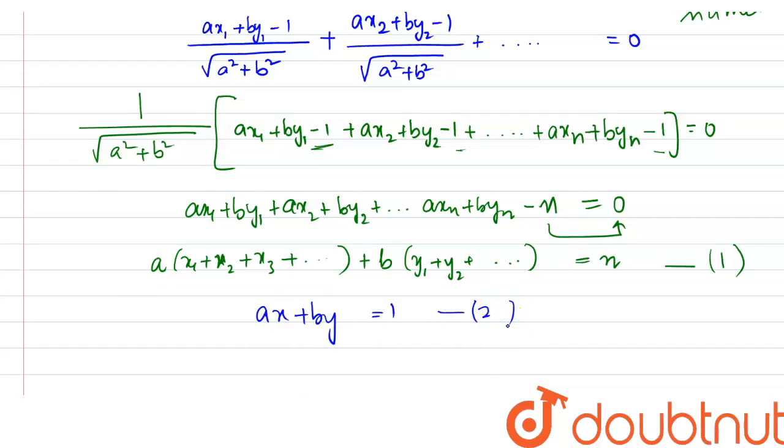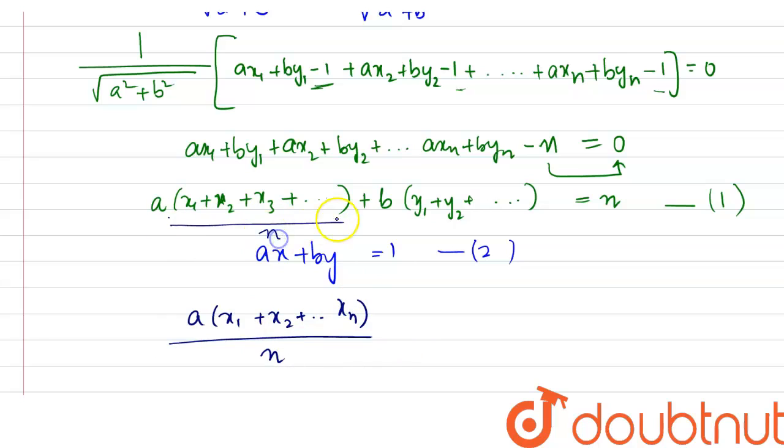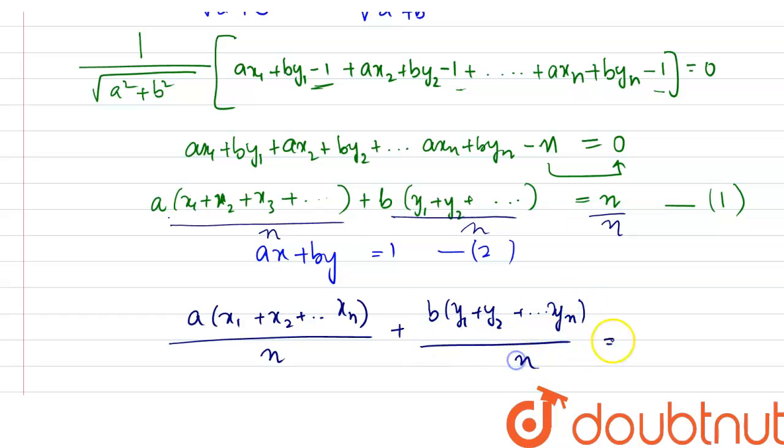Now, using this comparison, what can we say if we divide these terms? If we divide the whole equation by n, what do we get? Here this is nothing but a into (x1 plus x2 plus so on xn) divided by n, plus b into (y1 plus y2 plus so on up to yn) divided by n, is equal to 1.